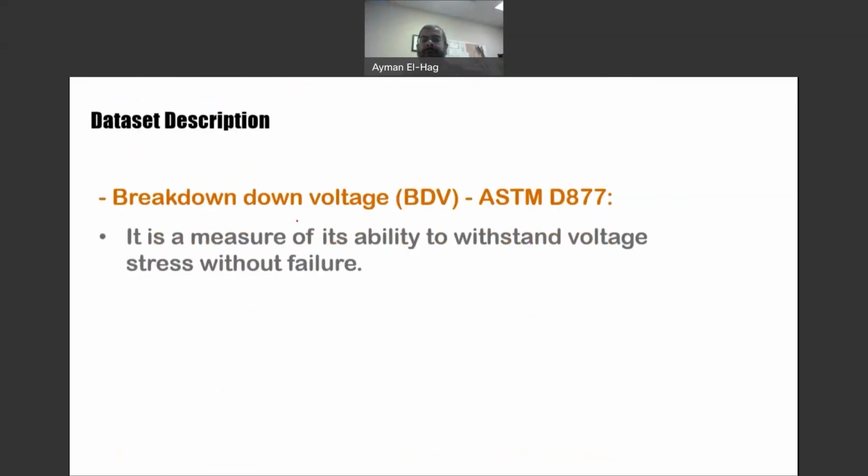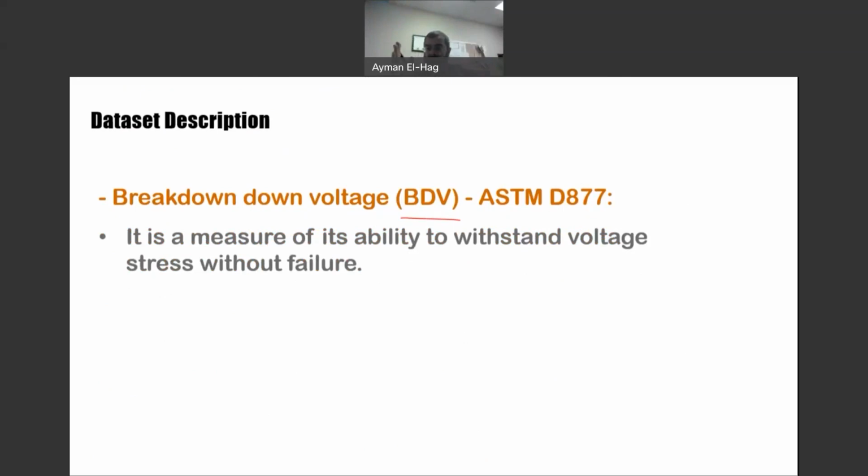Then we have the breakdown voltage. This is a standard test done by many utilities. I will explain in the coming slide how it's done, but it is a measure of how well the oil can withstand the voltage. We mentioned that transformer oil is for thermal or heat dissipation, and to electrically insulate.